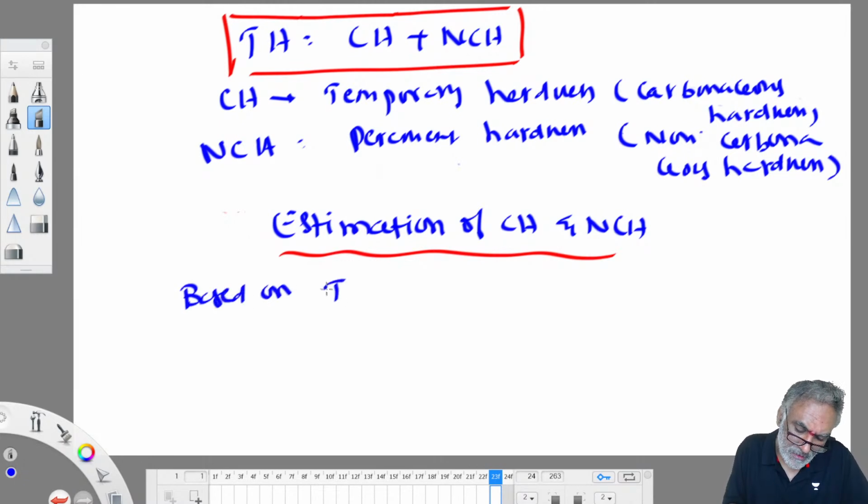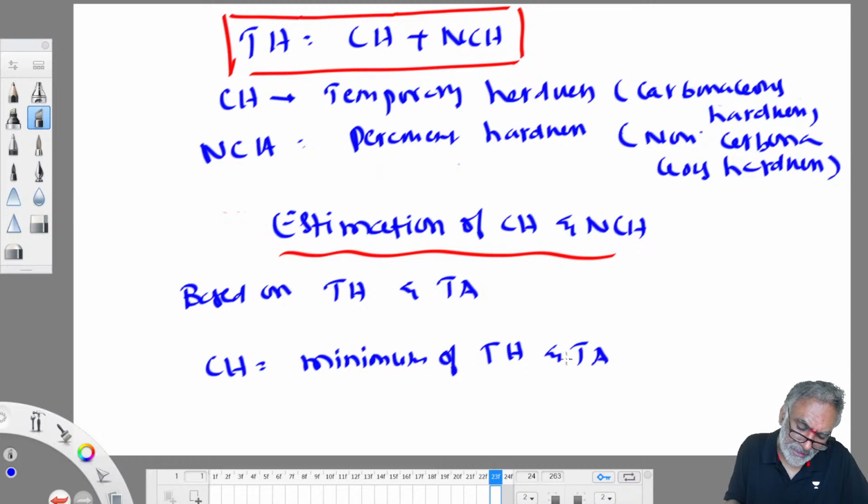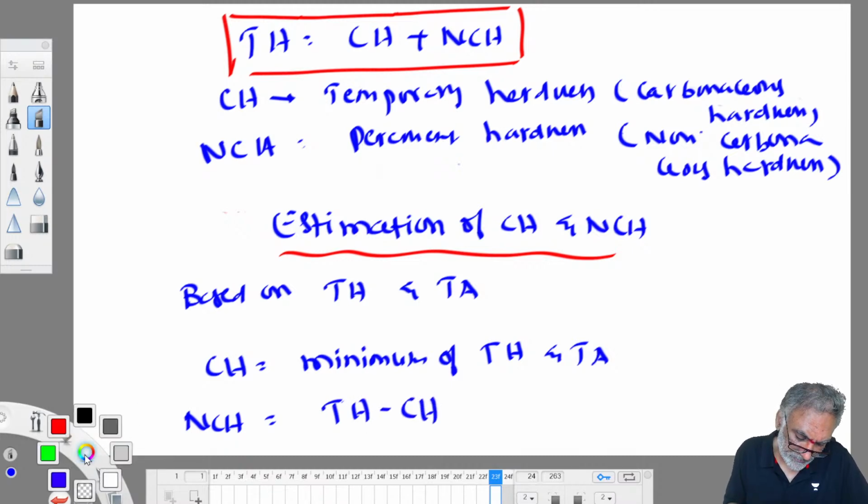Carbonaceous hardness is equal to the minimum value of total hardness and total alkalinity. Non-carbonaceous hardness is equal to total hardness minus carbonaceous hardness. That's how we can work it out.